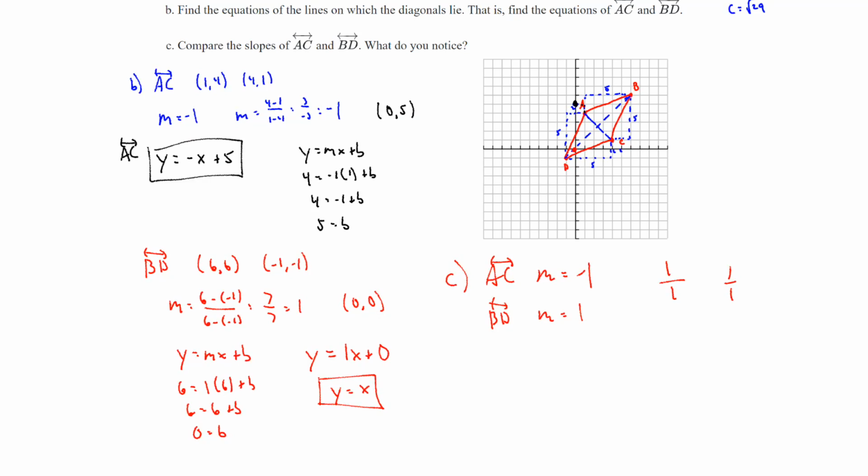So therefore, BD is perpendicular to line AC. And I just want to make sure that I'm clear. It's because, not that they are just opposite. They have to be opposite and reciprocal. So this is opposite but they also have to be reciprocals of each other.